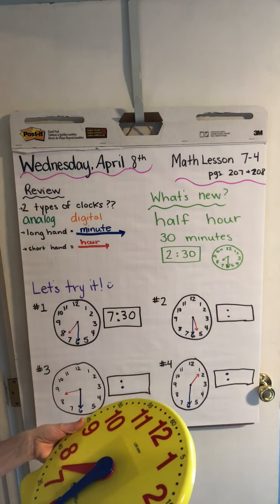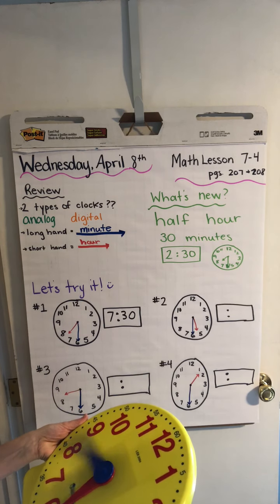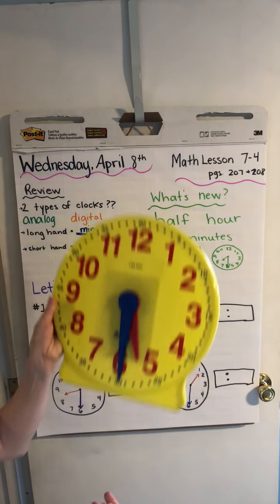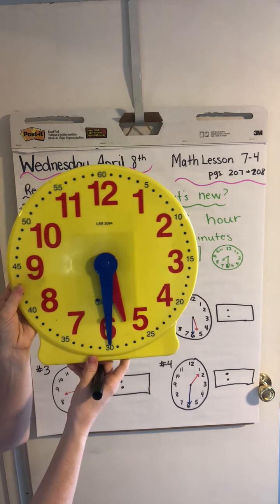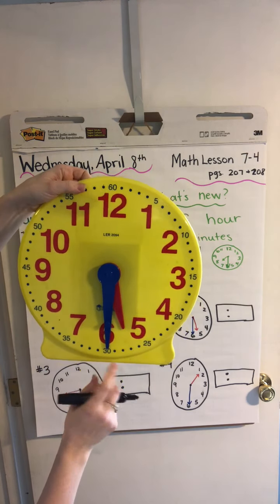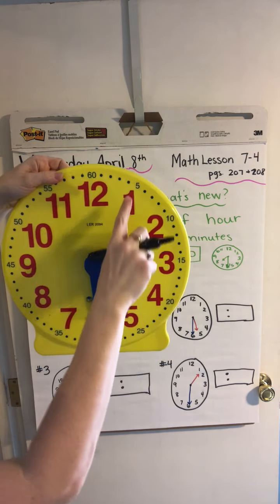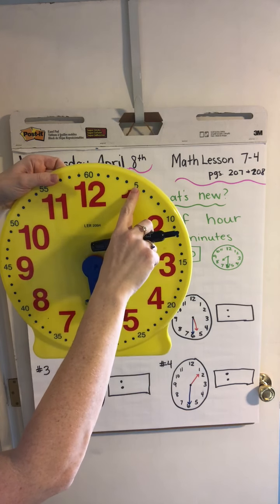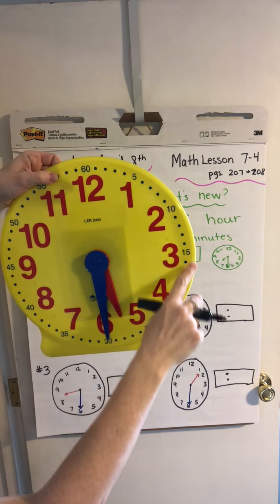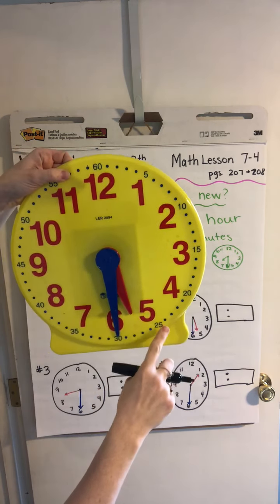All right, let's look at number 2. We have the hour hand between the 5 and the 6, and the minute hand down on the 6. Again, starting with the minute hand, blue numbers, 5, 10, 15, 20, 25, 30. So you guessed it, our minutes are 30.